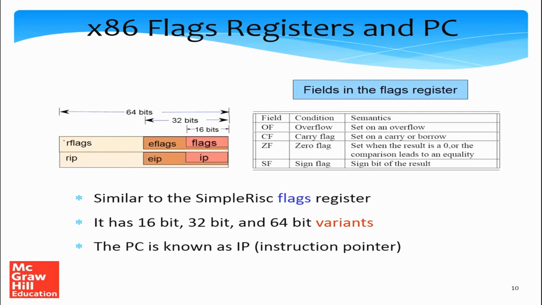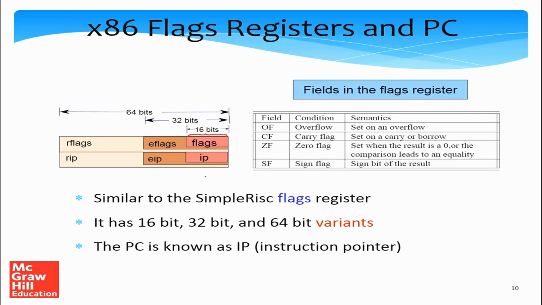So first we have the RFLAGS register. Similar to our terminology in the previous two slides, the RFLAGS register is 64 bits. Its lower 32 bits can be interpreted as the EFLAGS register, and the lower 16 bits can be interpreted as the FLAGS register. So FLAGS, EFLAGS and RFLAGS, the same way as AX, EAX and RAX.